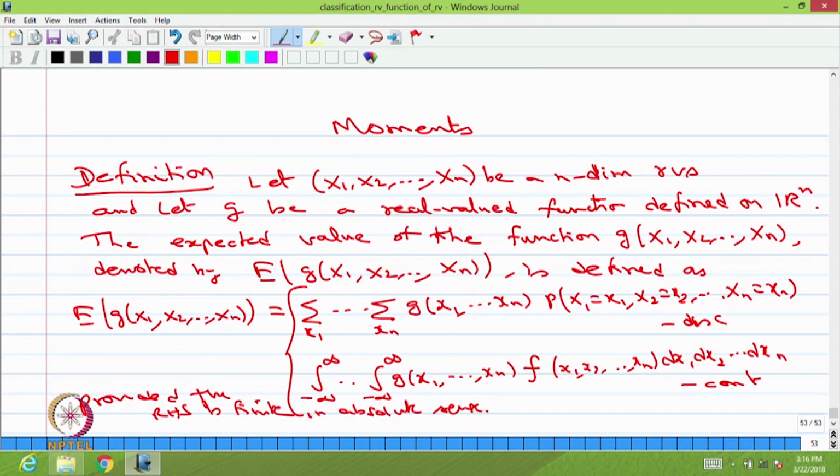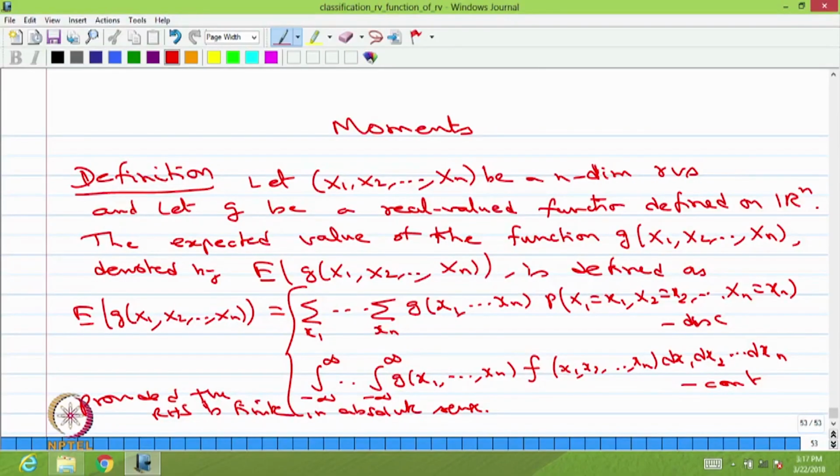This is the same thing we have done for only one dimensional random variable. When X is a random variable and g is a Borel measurable function, g of X is a random variable, and one can find the value of expectation of g of X with the summation if it is a discrete type random variable, integration if it is a continuous type random variable, provided the summation or integration is a finite quantity in absolute sense.